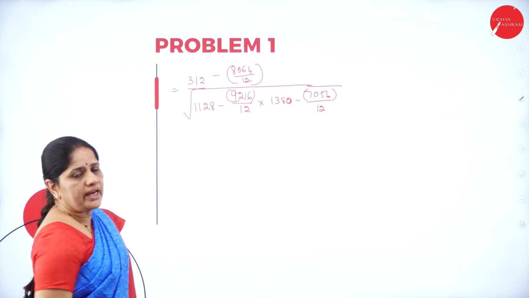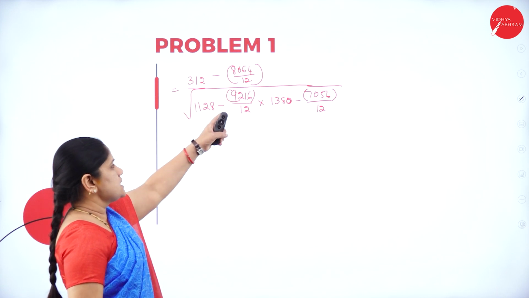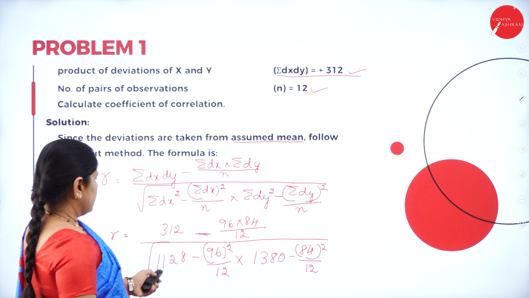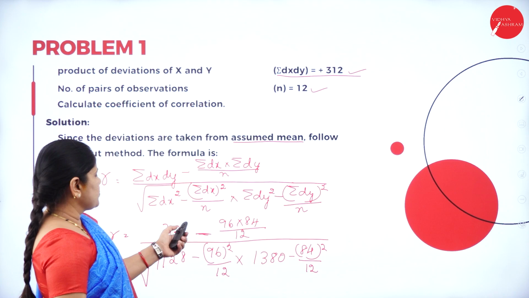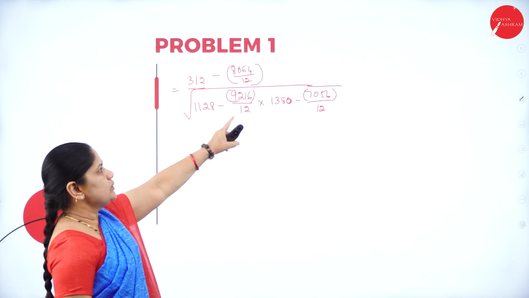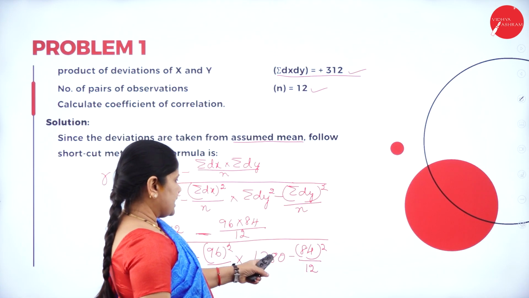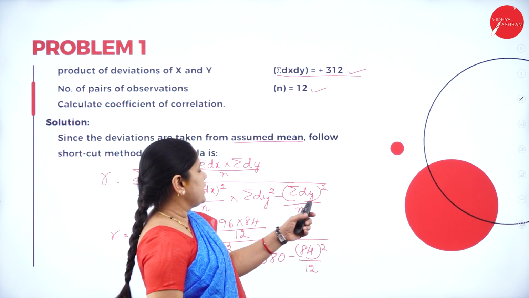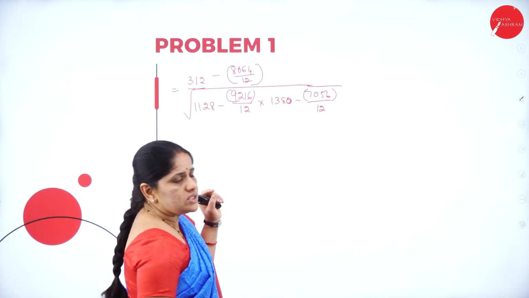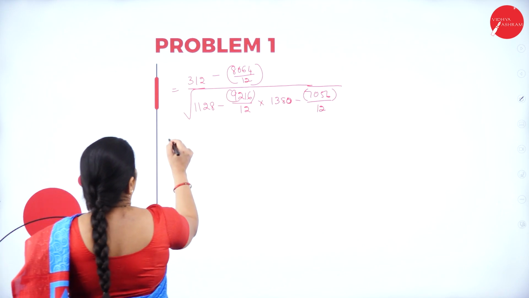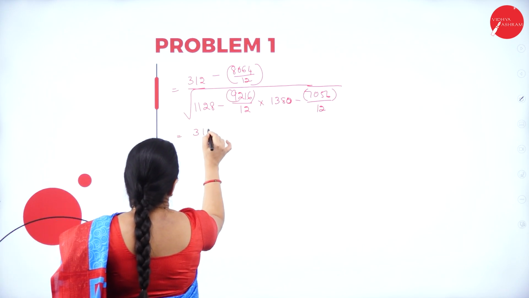When I square the numbers, 96 the whole square, I get 9216, and 84 the whole square, I get 7056. Now I simplify this further.